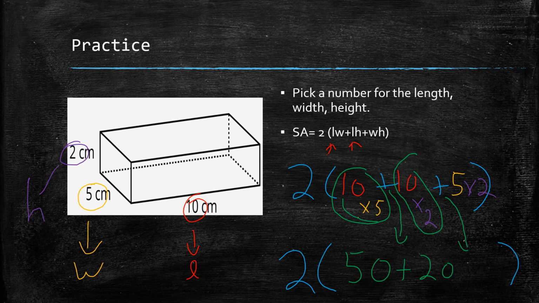Then I have another plus sign, and I have 5 times 2. That is 10. So now I just need to add that up. 50 plus 20 plus 10 equals 80. 50 plus 20 is 70, plus 10 makes 80. And I still have that in parentheses with the 2 on the outside, which is multiplication. So 2 times 80 is 160.